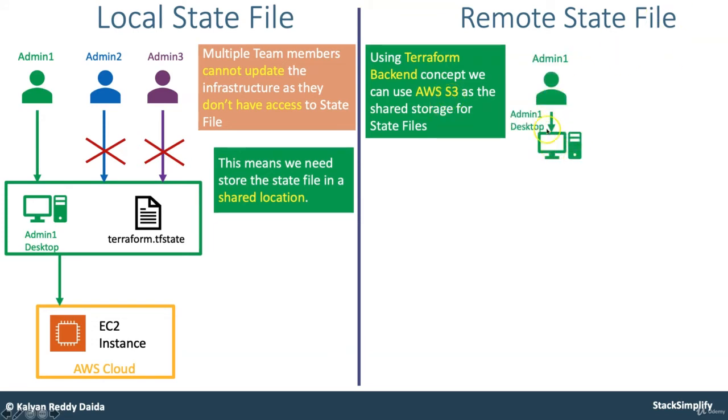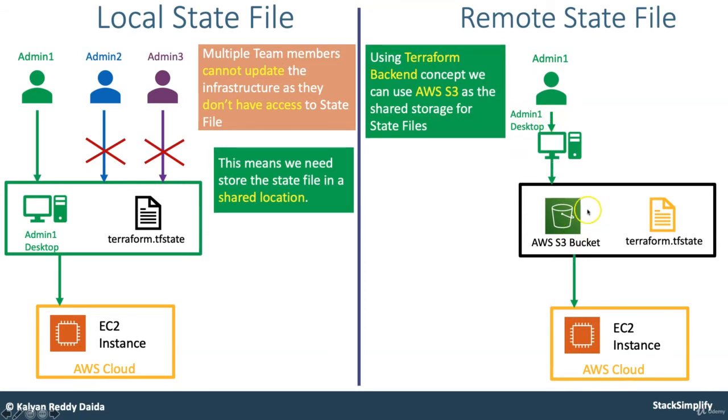Now let's see. As admin1, from the admin1 desktop, I have access to the AWS S3 bucket where the terraform.tfstate file is located. So I can administer the EC2 instance that I provisioned earlier using this state file, because I have the entire access. Now admin2 also will have access to the S3 bucket where the terraform.tfstate file is present, so he will be able to do that.